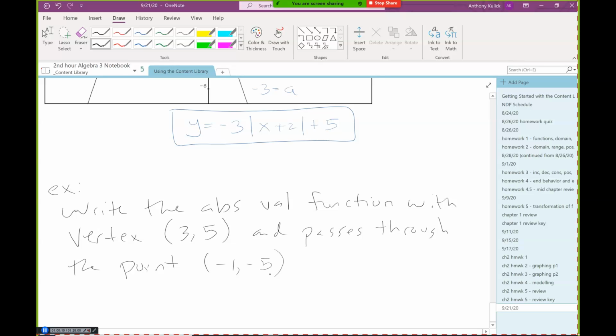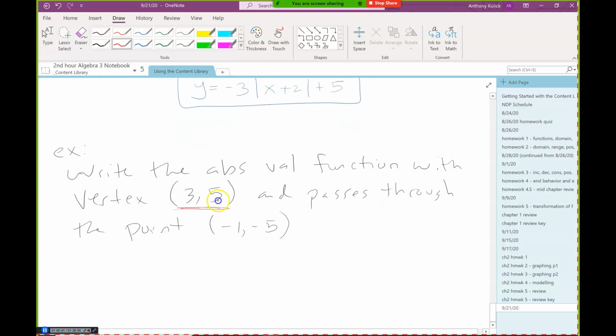So let's say that we want to write the equation for the absolute value function whose vertex is 3, 5, and we pass through the point -1, -5. Is this really any different than the previous problem? No. The only difference here is that instead of having to read a point off our graph, we're told the points expressly.